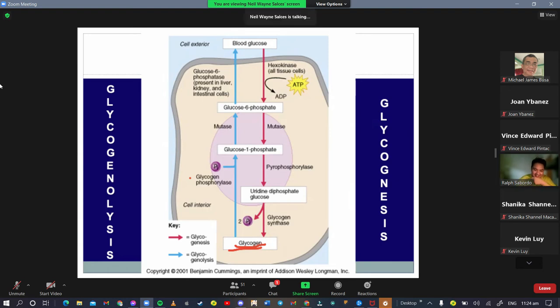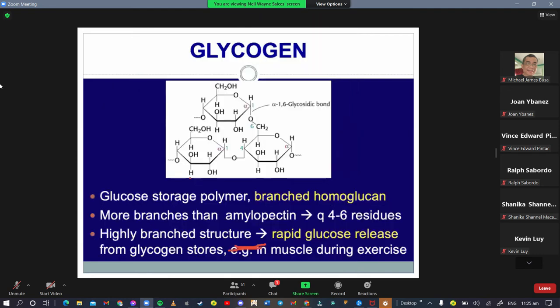This is where the difference lies. Your muscle lacks the enzyme glucose 6-phosphatase. So that's the difference in the muscle and in the liver. So this is basically how the metabolism of your glycogen happens.